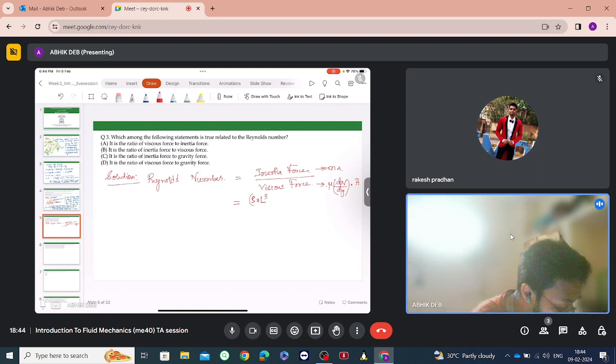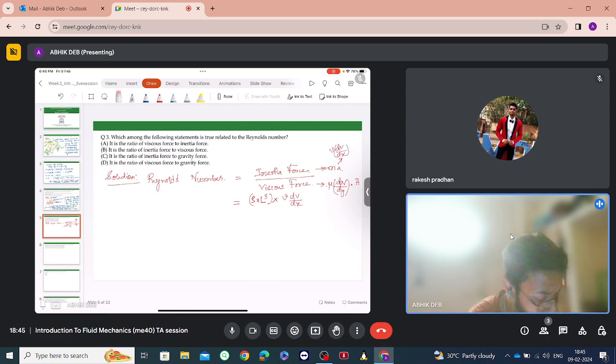So this is the mass multiplied by acceleration. Acceleration can be written as velocity and then dv by dx, right?